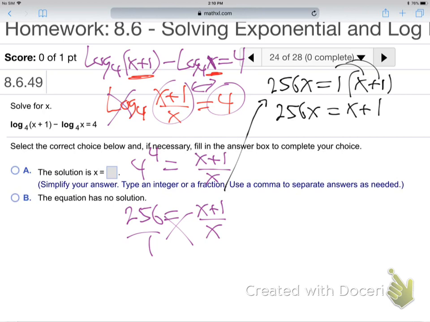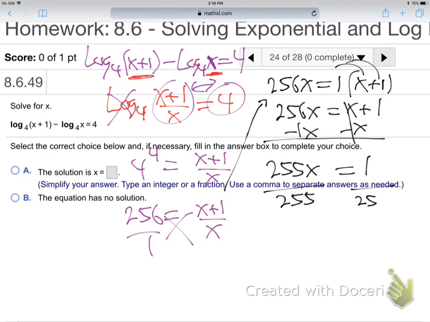Everybody good to there? I'm racing ahead of you? Good. X's on opposite sides. What do we do to solve when we have x's on opposite sides? Get the x on 1 side. Just subtract x, right? 1x on both sides. This is what? 255x. Last step. Divide by 255. There's x.